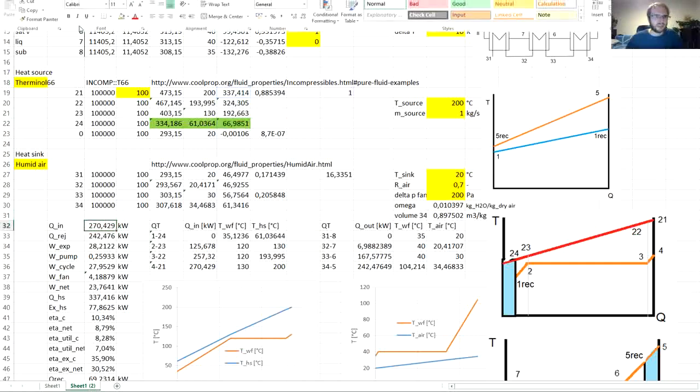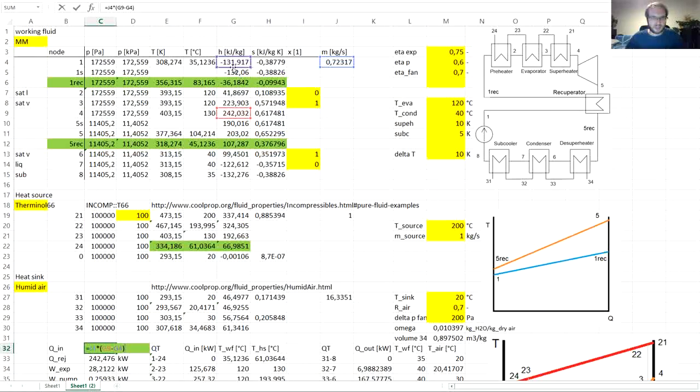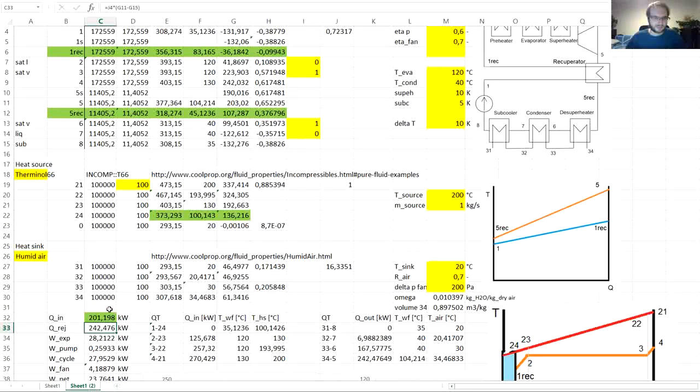Heat input is another parameter that obviously changed, because now it is not difference between points 4 and 1, but 4 and 1 recuperated. So now we get the heat input after recuperation, and as you can see, instead of previous 61 degrees C at the outlet of the heat source, now the outlet of the heat source is at 100 degrees C.